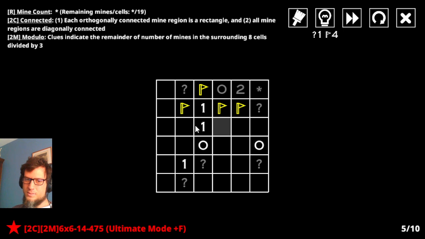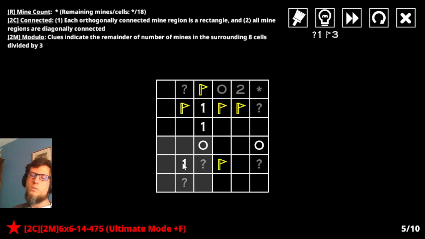Alright, so one of these 2 is a mine for this one, and then one of these 2 is a mine for this one. And the 0 now needs a 3rd mine out of the 2 that it has. That means that one is a mine.